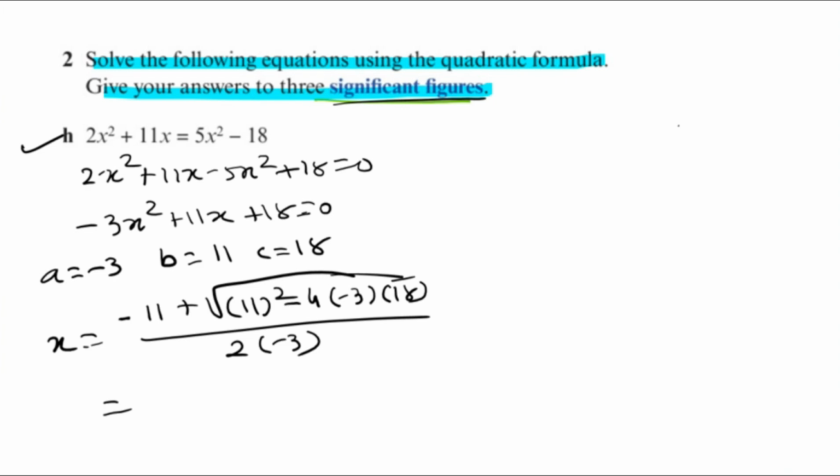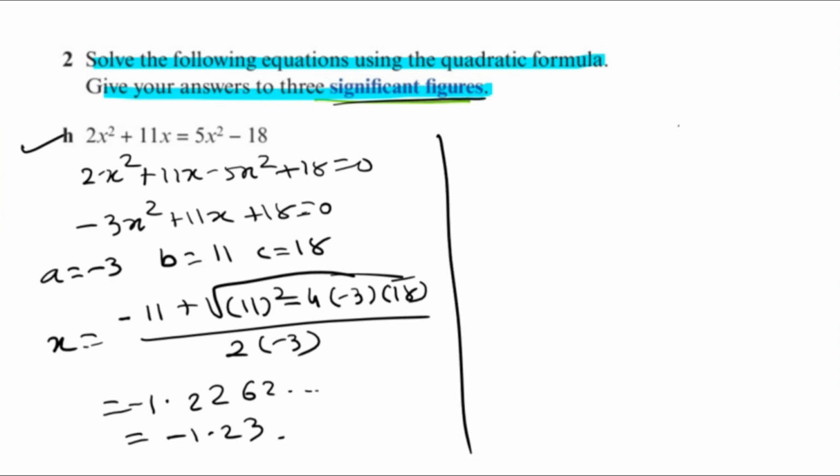That will give me the answer in decimal form, because we need the answer in decimal form, 1.22622. But we need the answer in three significant figures, so our answer is minus 1.23.